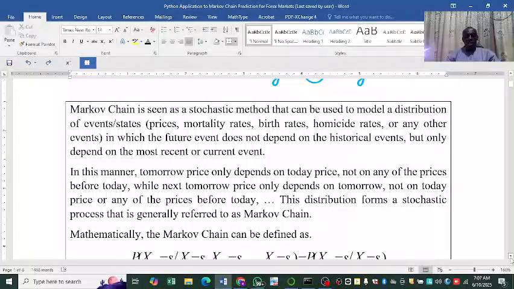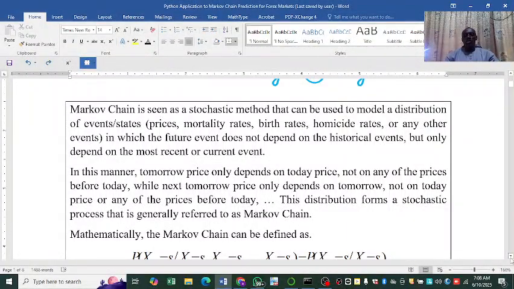In Markov chain, we are saying that the future event only depends on the current event, and it does not have correlation with the past events. The future does not have the memory of the past.